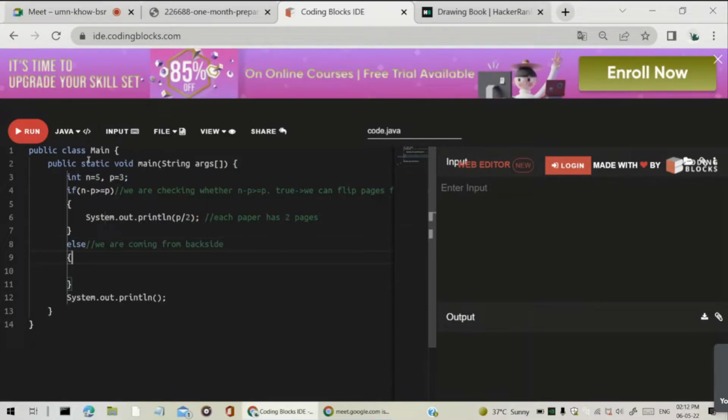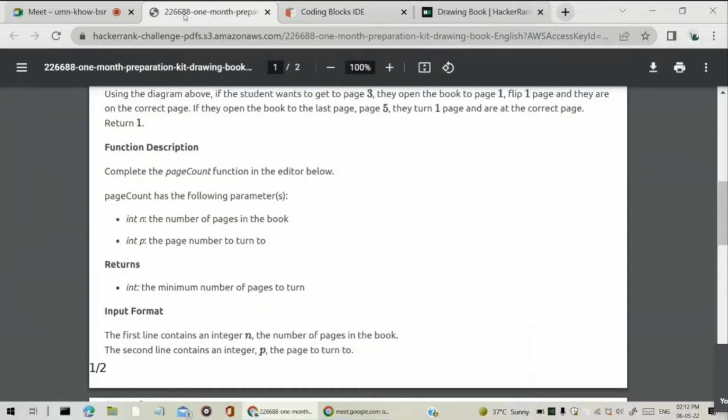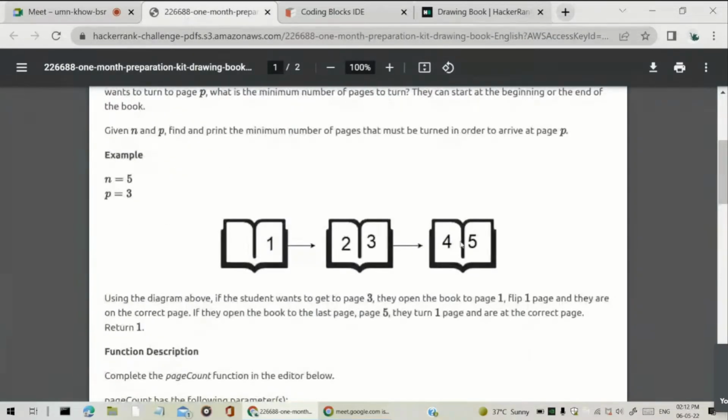So in order to do that, we can revisit the image again. If you notice, we have 5 pages in the book. What if we have 4 pages in the book? If we have 4 pages in the book, then we won't have this page, and we can flip from the back side.